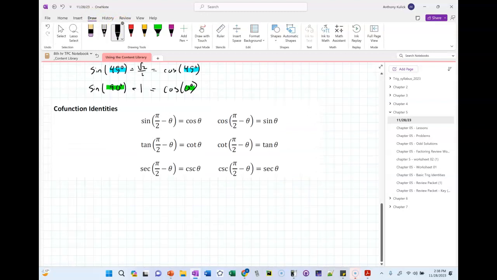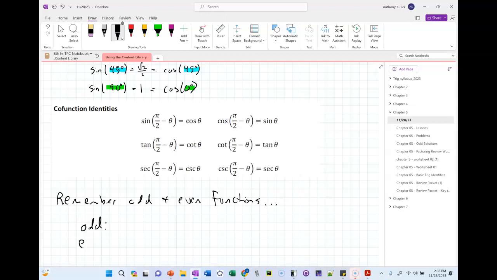And our last piece, remember odd and even functions way back from chapter 1?